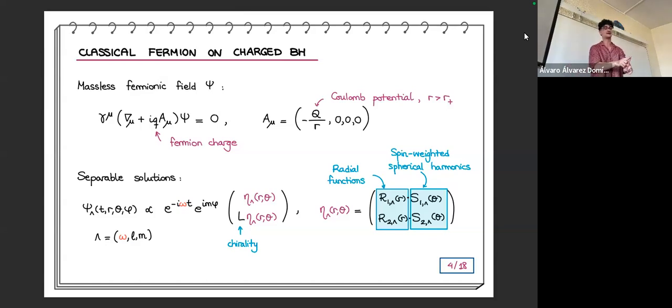What is interesting here is the radial behavior, which is of course the coordinate that suffers more from what's happening in the Reissner-Nordström black hole. So that's where we are going to focus, on the radial functions. And L is the chirality, but we are going to work with a fixed chirality, and everything can be generalized, just for simplicity.